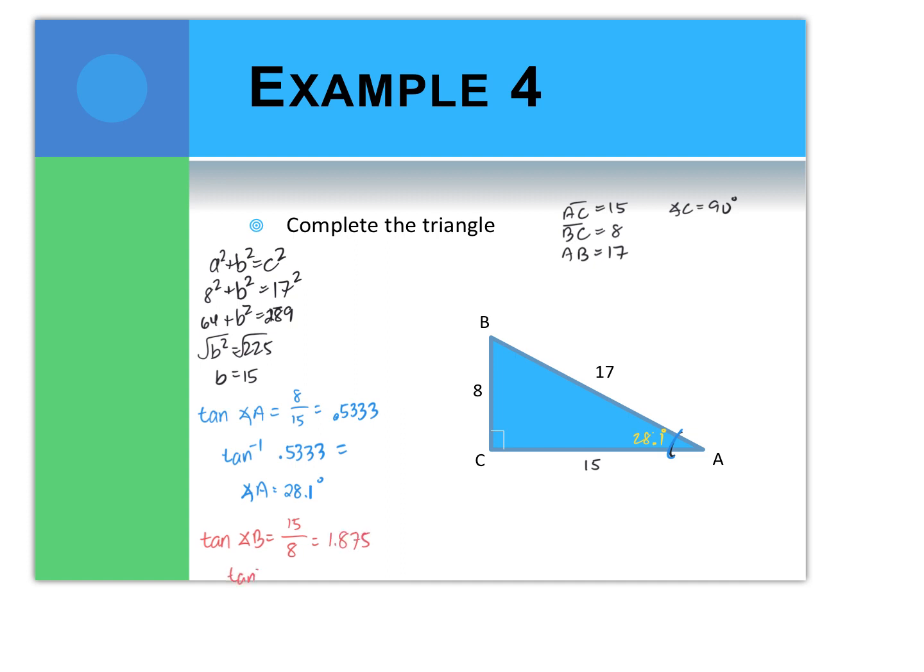And if I do the inverse tangent of 1.875 on my calculator, I'm going to get 61.9 degrees. So 61.9 and 28.1 does add up to 90 degrees, so I know I did this right. So I've got angle B is 61.9 degrees, and angle A is 28.1 degrees, and all three of them add up to 180 degrees, as they should.